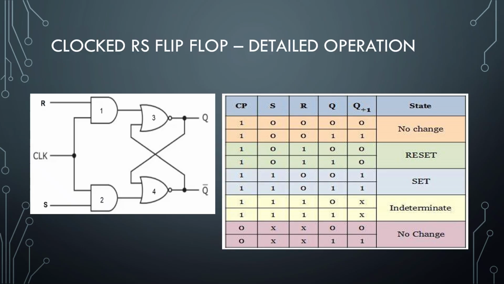S is equal to 1, R is equal to 1, this is an invalid state where both inputs try to control the output in opposite ways. This condition leads to unpredictable behavior and should be avoided during circuit design. The flip-flop's ability to hold its state or update it in sync with the clock is what makes it such a powerful component in sequential logic design.